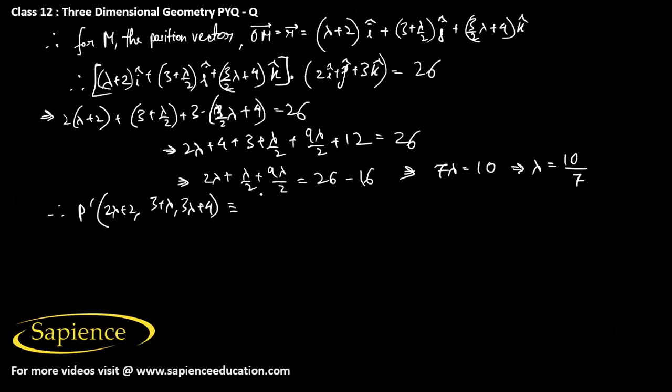So that will be equivalent to 20 by 7 plus 2, comma, 3 plus 10 by 7, comma, 3 into 10 by 7 plus 4.